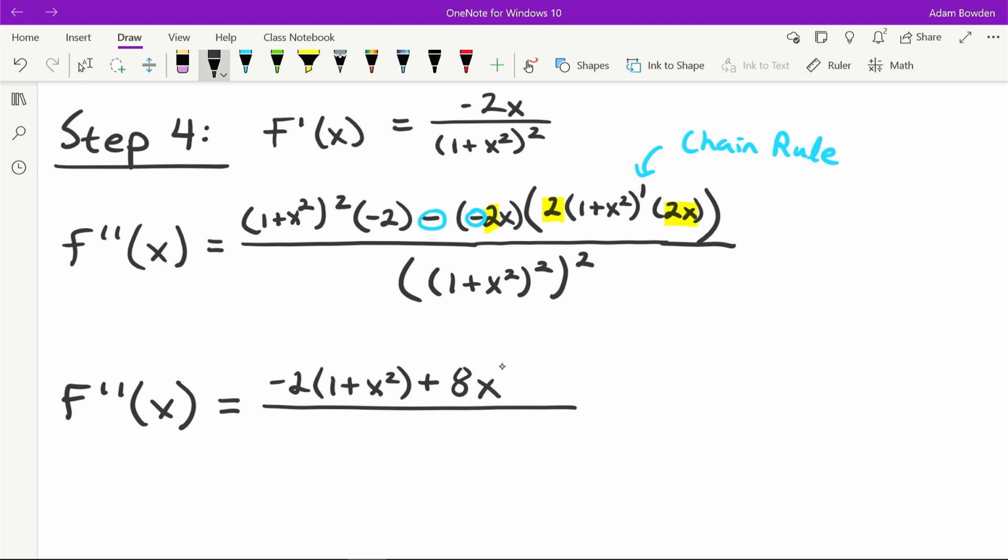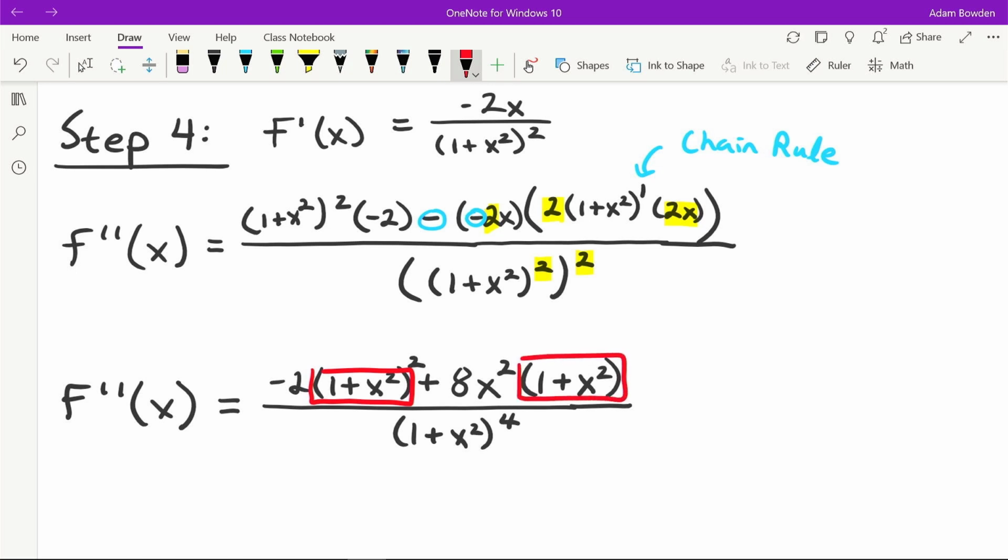And we also have x squared, parentheses 1 plus x squared next to it, all over 1 plus x squared raised to the fourth power, when we do the second power and the second power to get to the fourth power. What I would highlight here is the fact that both of these terms have a common 1 plus x squared, and that's also in the denominator.